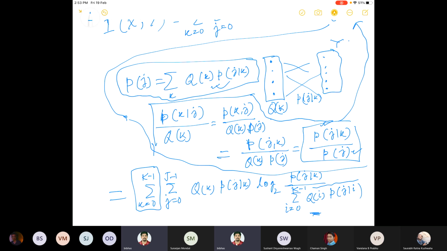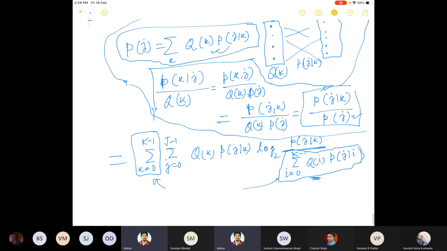But this is a constant. This term does not depend on this k. So instead of writing small k, I'm just writing small i. So this is my average mutual information between the output and the input random variable.